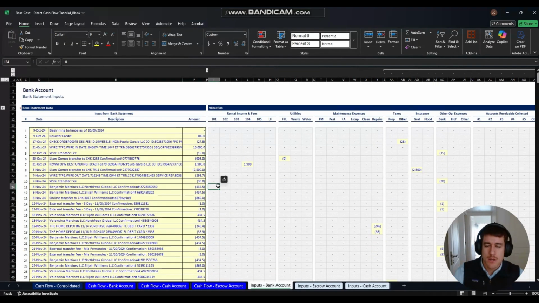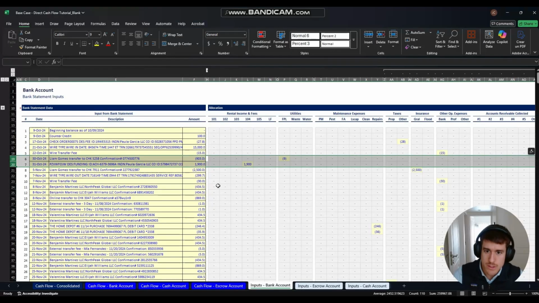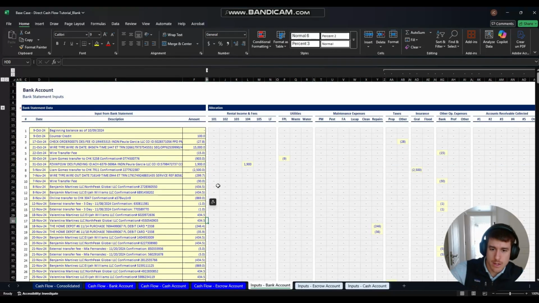For a specific bank account, especially those dealing with operations, it is useful, instead of using labels to label every single transaction we see every day, to keep separate alternative columns to allocate those transactions.